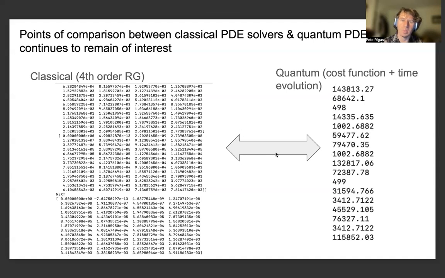And this is a point of interest, which can provide a point of comparison between classical PDE solvers and quantum PDE solvers, which continues to remain of interest. On one side, we have a classical PDE solver, which most of the time in MATLAB and Python depends upon fourth-order Runge-Kutta solvers, while the quantum PDE solver is determined by a cost function and time evolution.